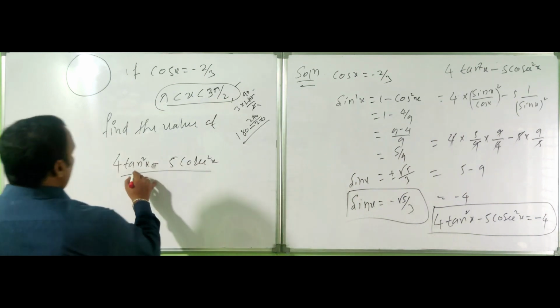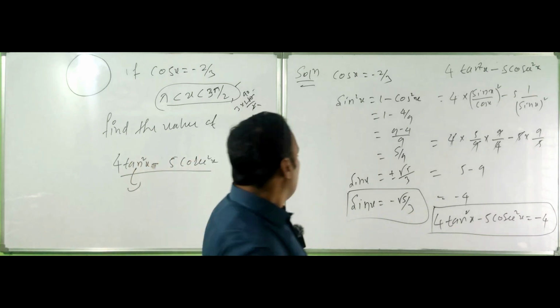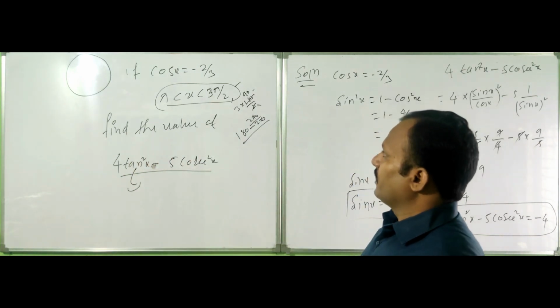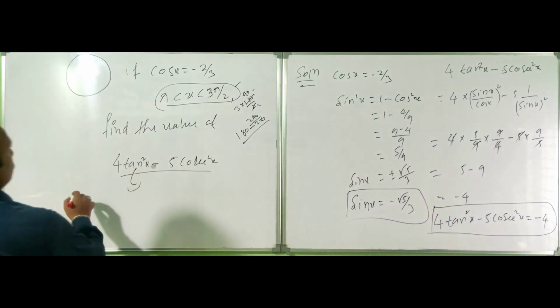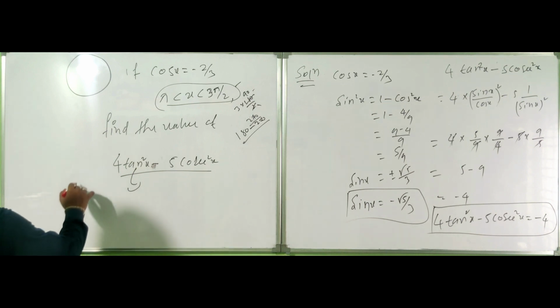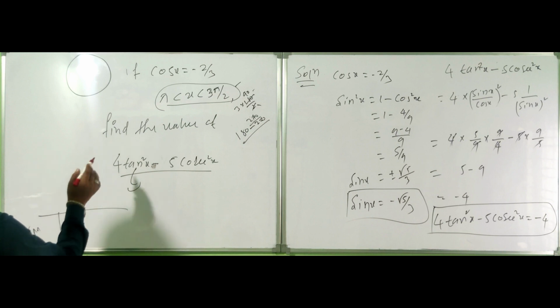In the next class we have the relation between tan square x and cos square x. Similarly, here you can write, this can be done. This we have to see in another method. The third quadrant is given. In the third quadrant, only tan and cot are positive. Here cos is minus 2, the hypotenuse is 3.